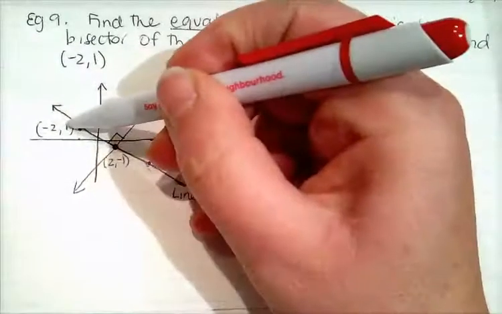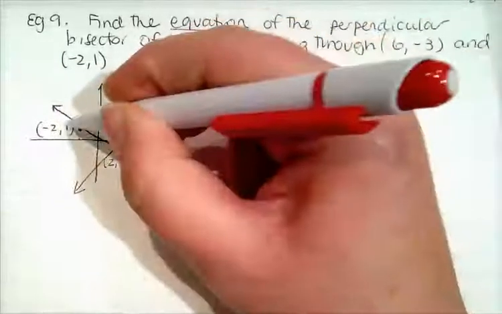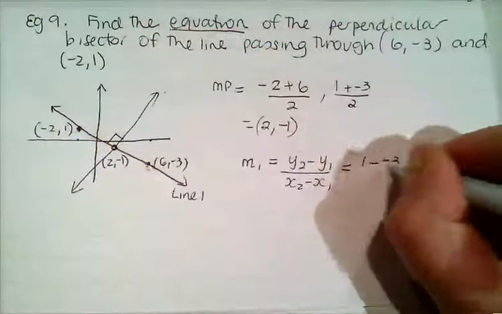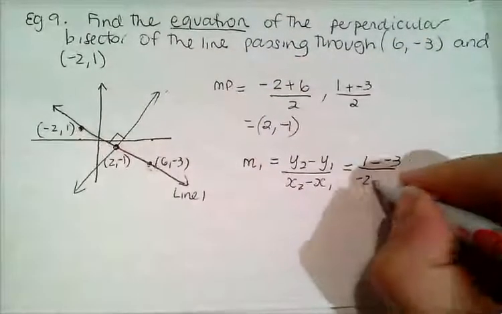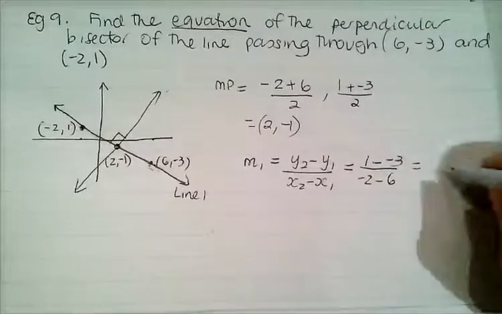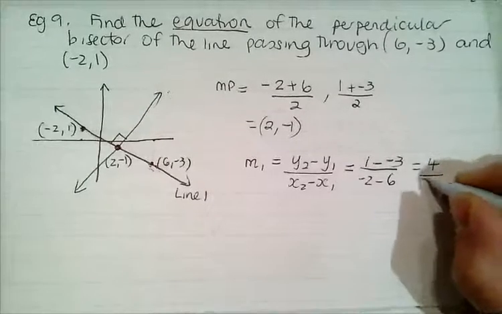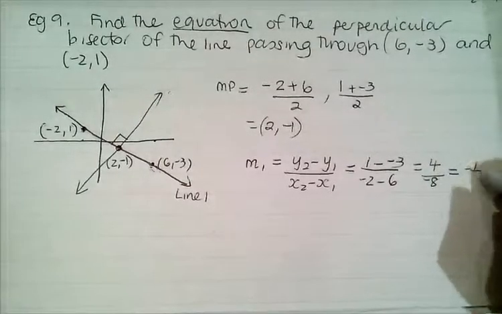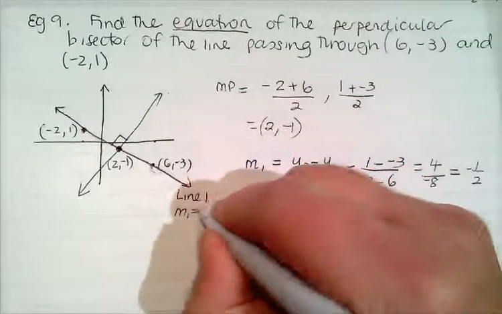So I'll go 1 minus negative 3 over negative 2 minus 6. Now 1 minus negative 3 is 1 plus 3, which is 4. Negative 2 minus 6 is negative 8. So 4 over negative 8 is negative 1/2. So therefore the gradient of line 1 is negative 1/2.